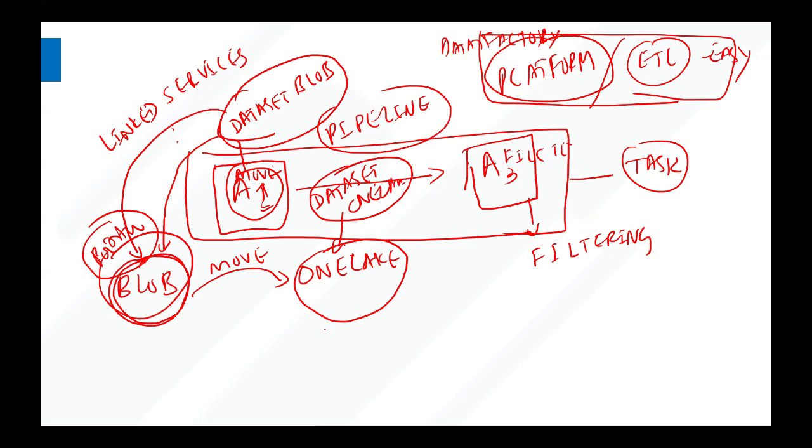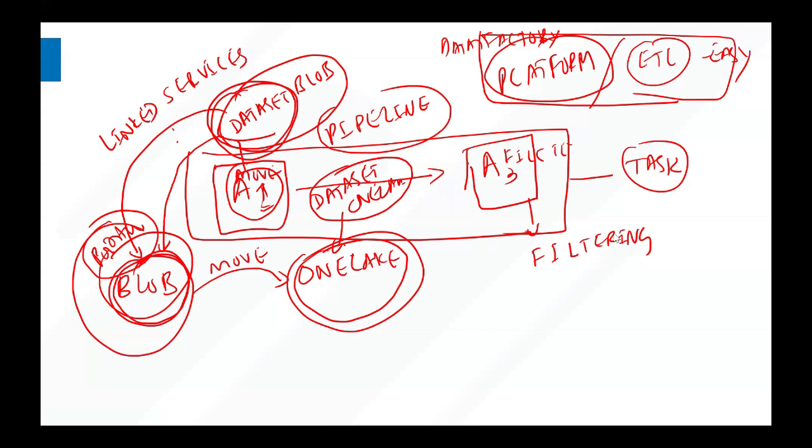How will it know the data is there in the blob? For that, you need to have some representation, right? That representation is data set. But this data set in a data factory will not have the data. The actual data is there in the blob or one lake. It is pointing to where the data is. You got it now, right? So now all the four things are clear.